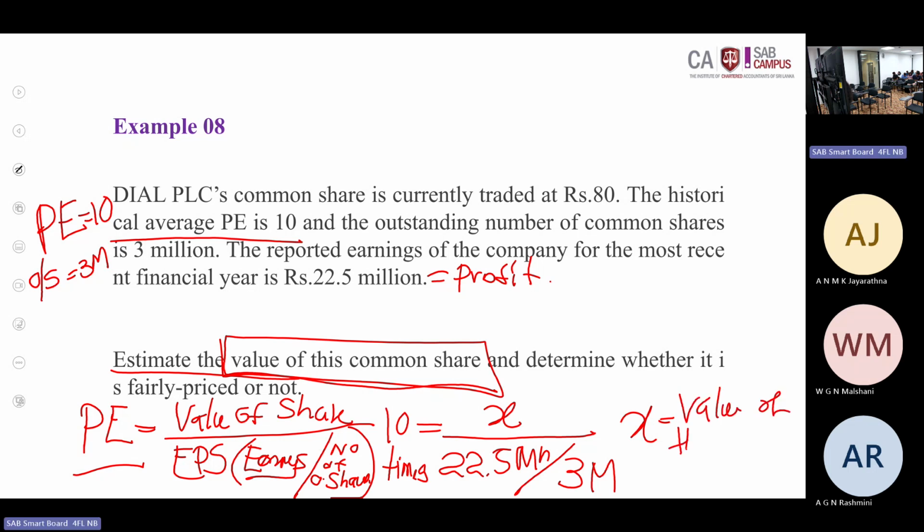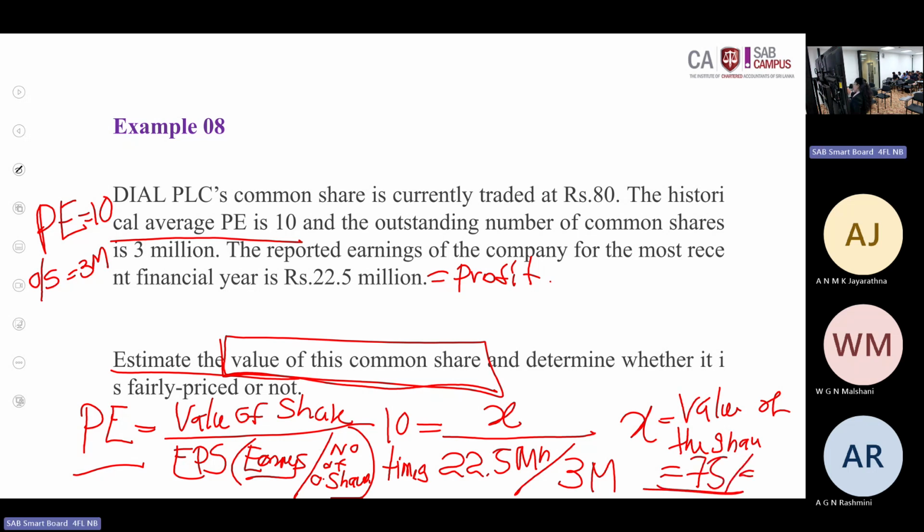The value of the share equals 75. X equals 75. The value is 75 rupees.